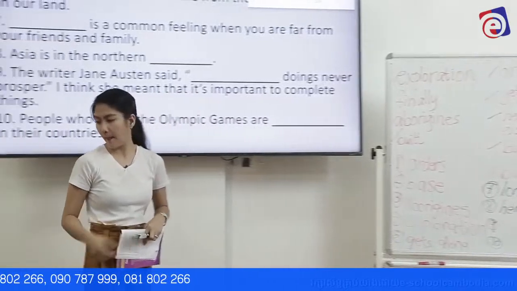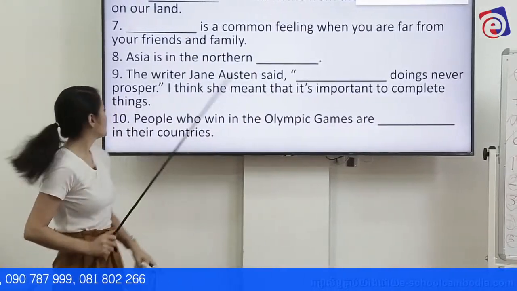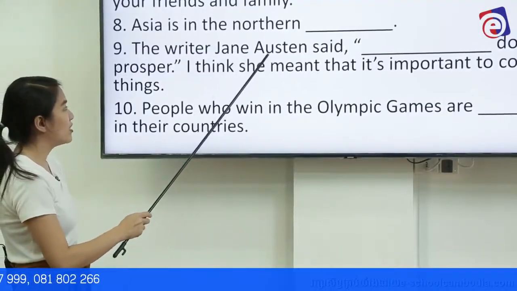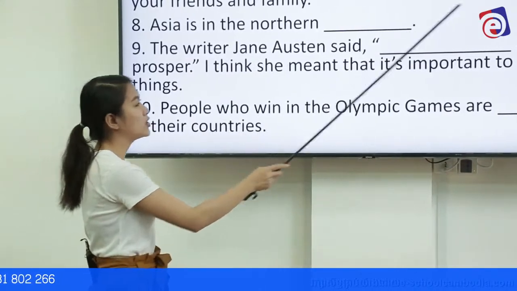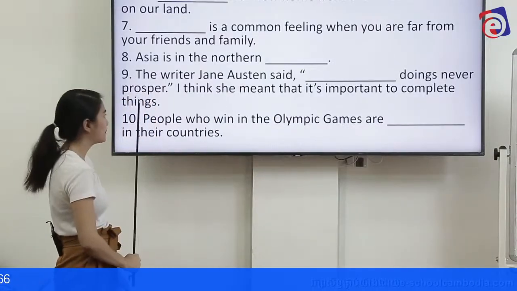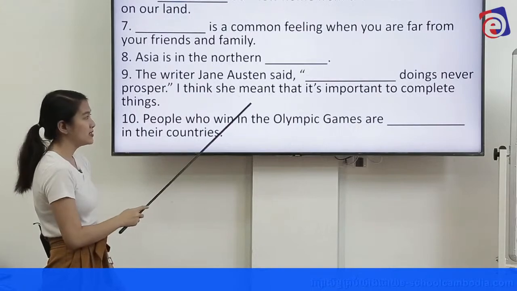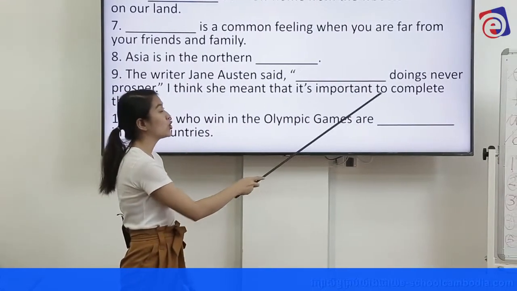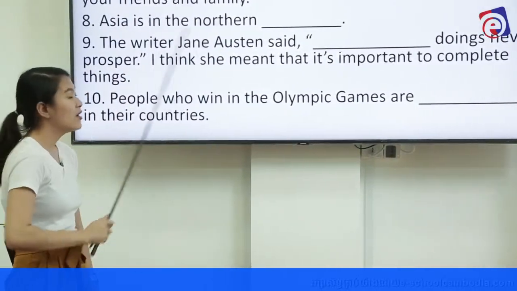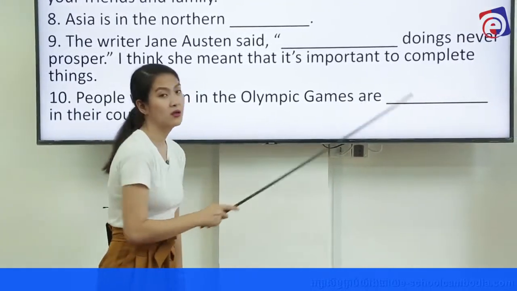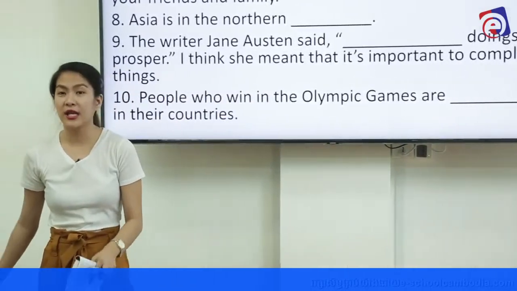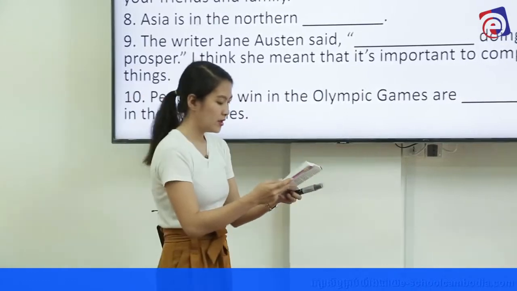Number 9. The writer Jane Austen said blank doings never prosper. I think she meant that it's important to complete things. From the word complete. If you don't complete your things, what do you call?